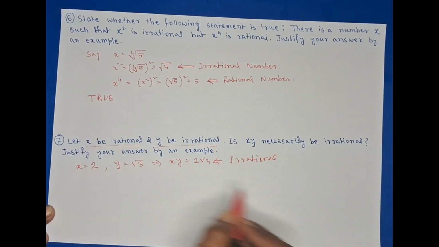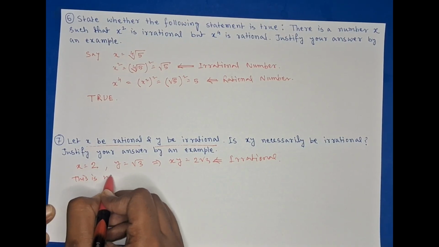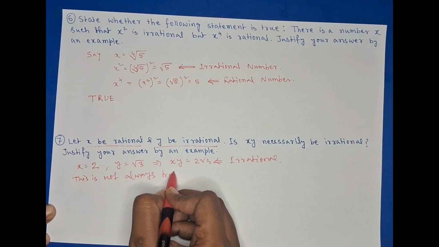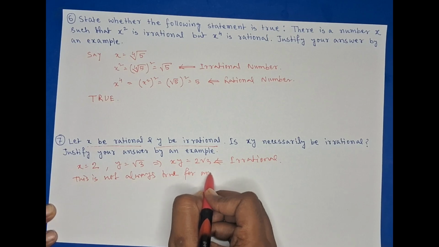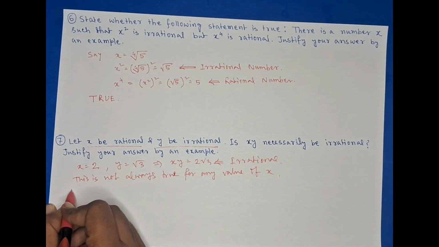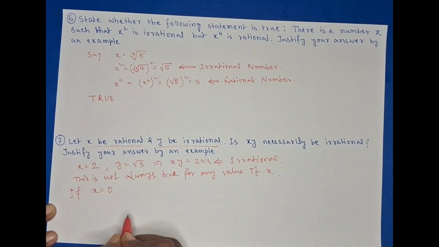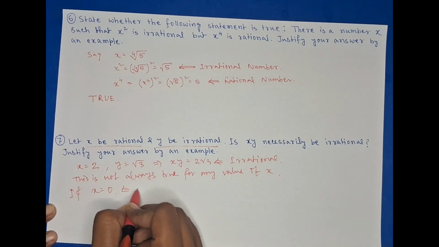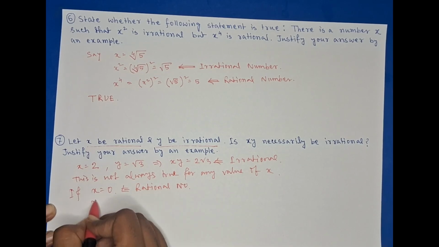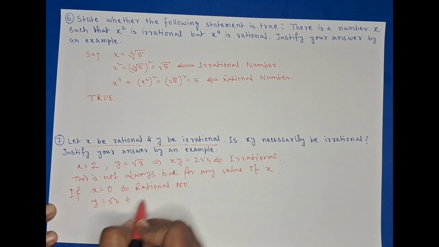But this is not always true for any value of x. Suppose x is equal to 0, which is a rational number, and let us take y the same, root 3, an irrational number.